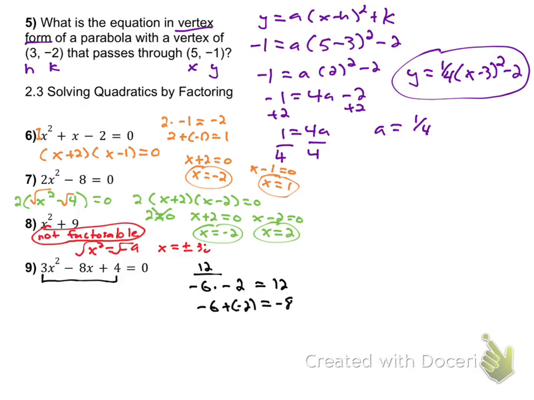Okay, so I'll split the middle term with negative 6x, negative 2x. That order does not matter. You could do negative 2x minus 6x.